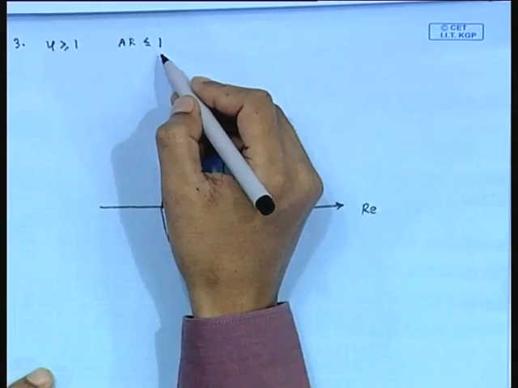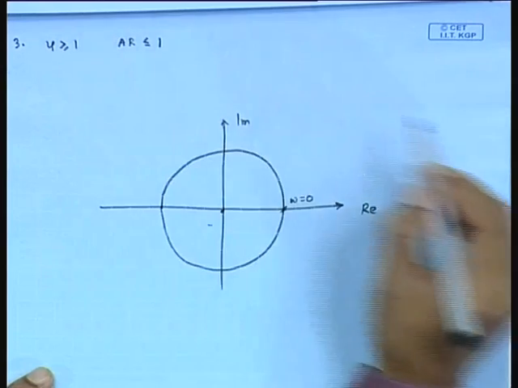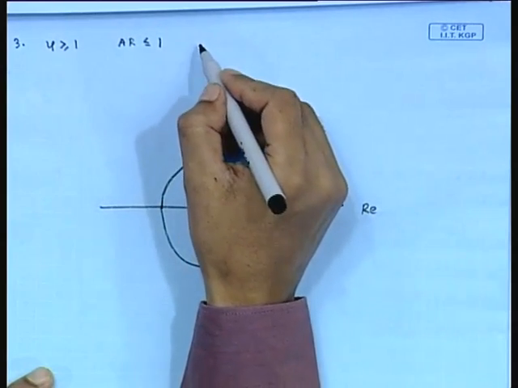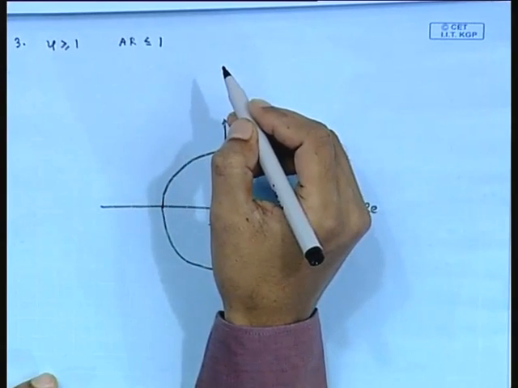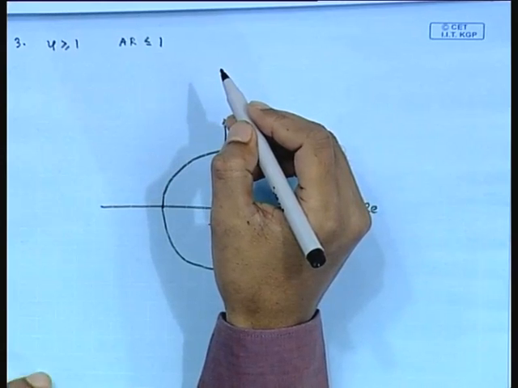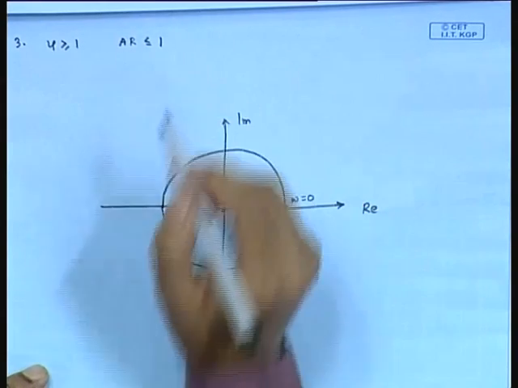It is easy to test that. What it indicates? The polar plot will be within the unit circle. Amplitude ratio less than 1 means the polar plot should be within the unit circle.